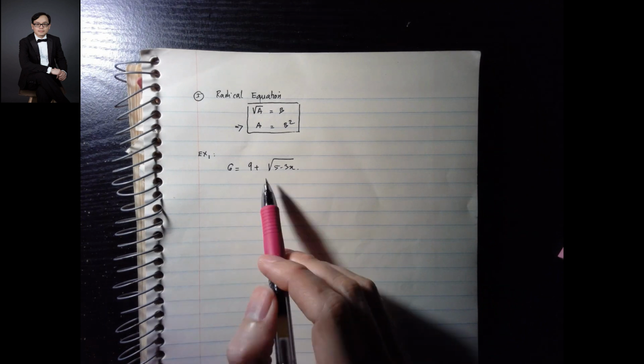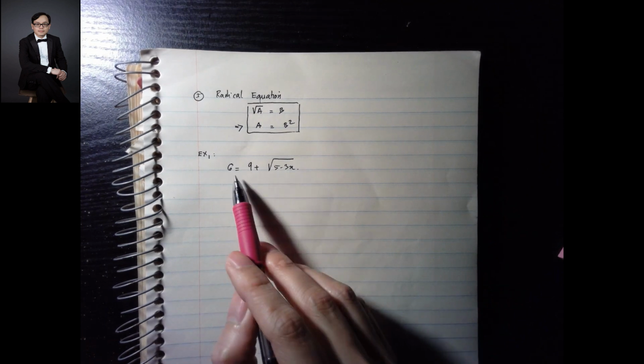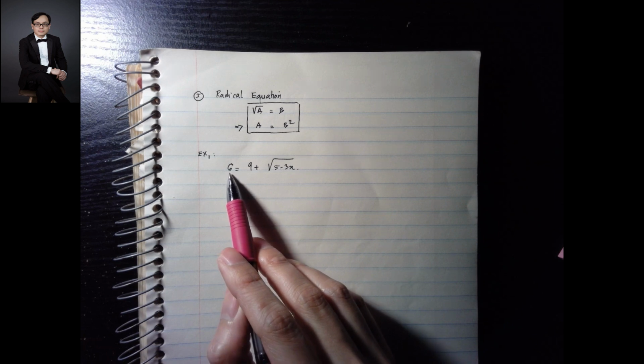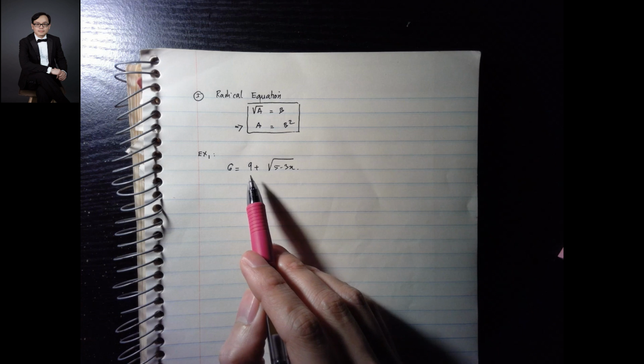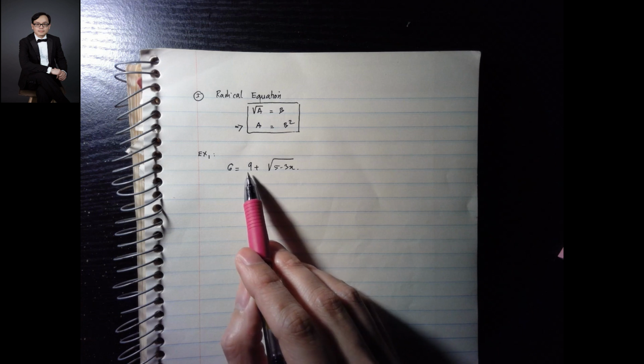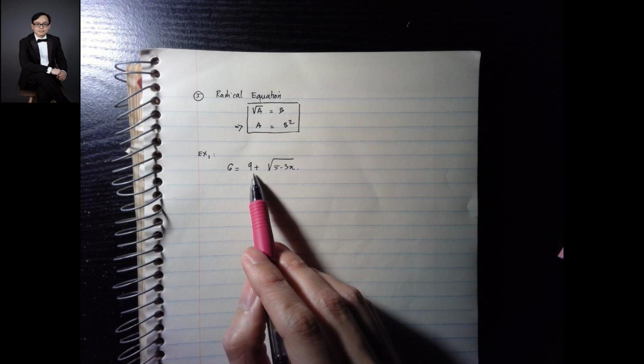You see that the radical is on one side already, and on the other side we have the number 6. However, if we look carefully, on the right-hand side we also have the number 9. So it's good to just go ahead and subtract 9 from both sides.